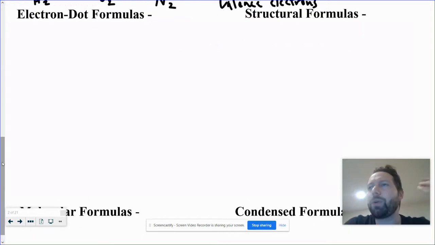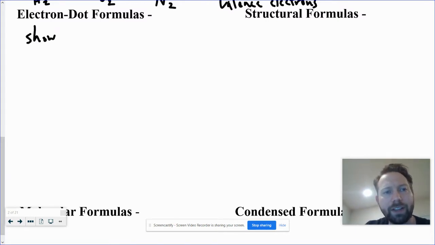And we actually have 4 different kinds of ways that we typically see these molecules. These are not the only ways, but these are the ones that we're going to be seeing often in this particular class. So the first one is electron dot formulas. These actually show valence electrons.